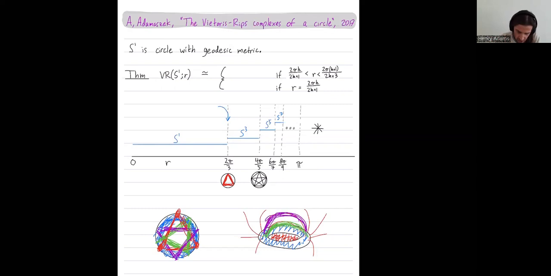I've written the 3-sphere as a union of 2 solid tori. One of the solid tori was just coming from the blue simplices, and the other solid torus was the circle's worth of equilateral triangles. So that's not how the first proof went, but that's the best intuition for where this 3-sphere is coming from. Questions on that?